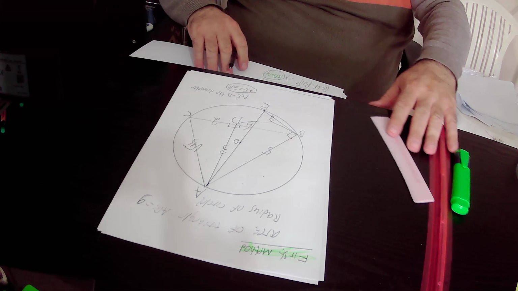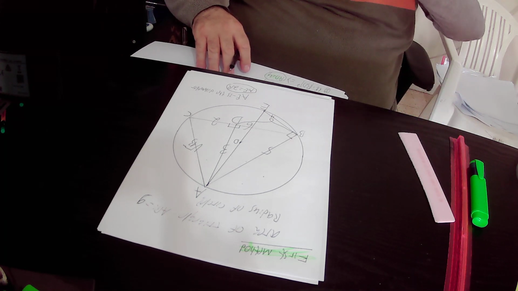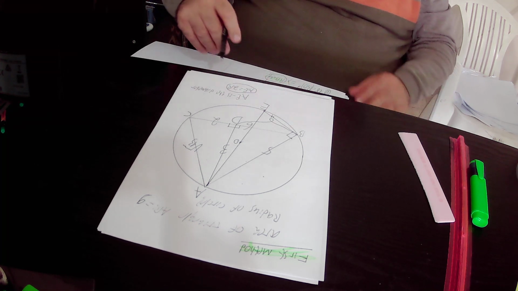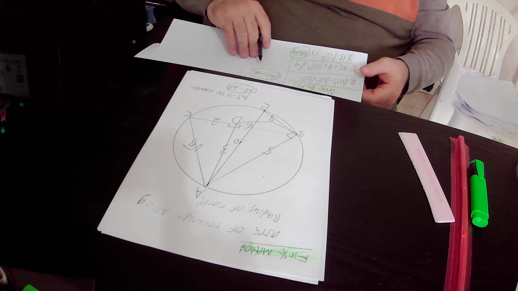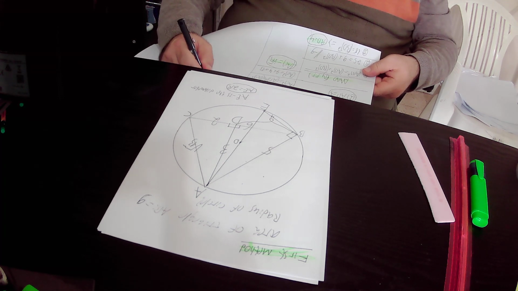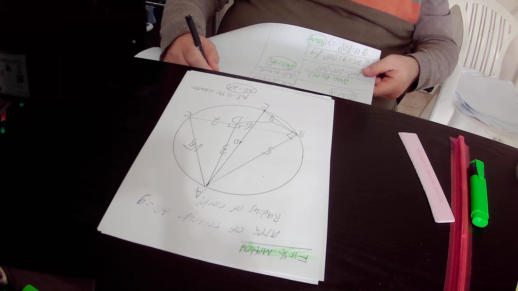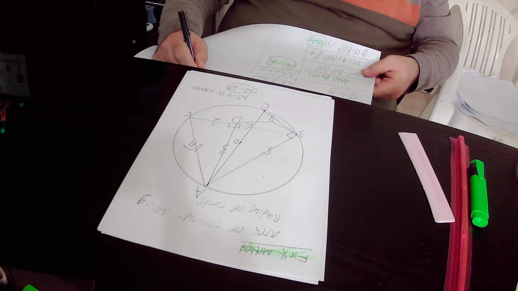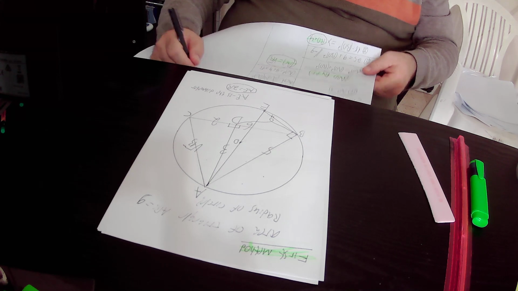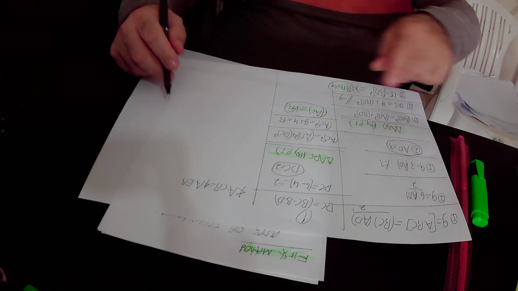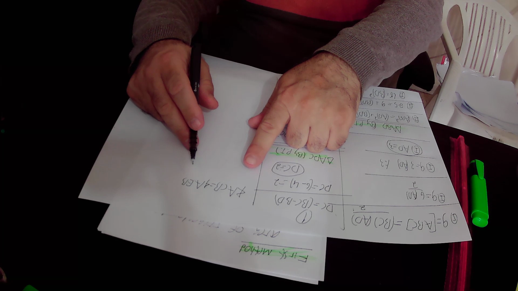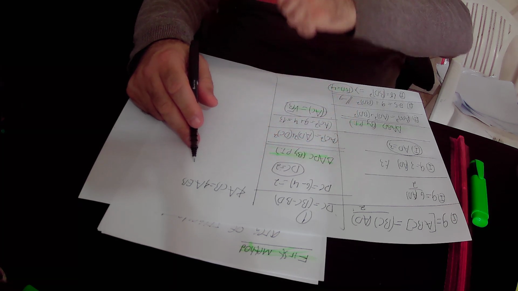According to the rule that peripheral angles that rest on the same chord are equal to each other, we get that angle ACB equals angle AEB. Those two peripheral angles, ACB and AEB, rest on the same chord, chord AB, therefore they are equal to each other.